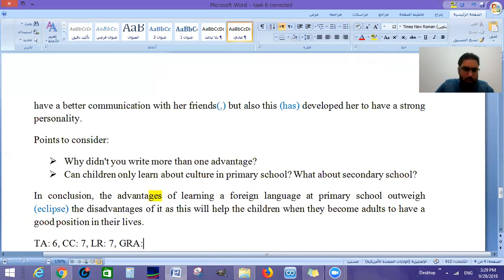GRA: we had a range of structures, we had the accuracy, we had good punctuation, everything was there. This is a good 7, maybe even a strong 7. Now, overall, we have three 7s and a 6. I think this is going to be a 7, but is it going to be a strong 7?